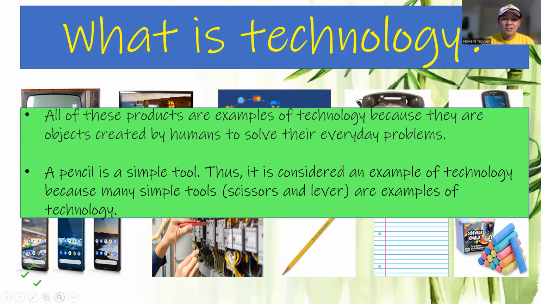They are products which are examples of technology because they are objects created by humans to solve everyday problems. A pencil is a simple tool. When I mention a tool, it doesn't mean it needs to have a wheel and a rotor. A pencil is considered an example of technology because we can make things better. We can write faster and make life easier.